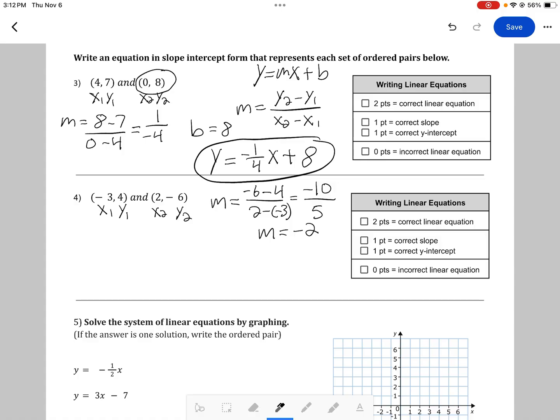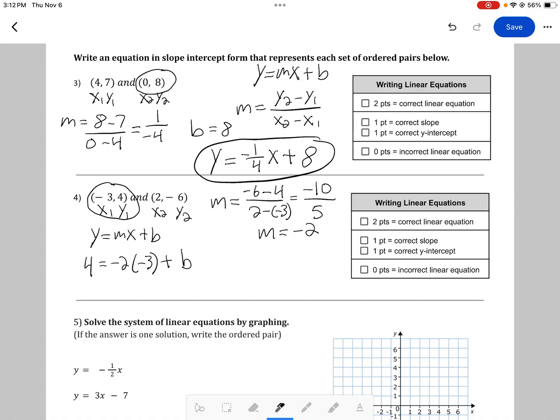Now my b here, I don't have an x that's 0, so I have to use my y equals mx plus b to find my y-intercept, and I'm going to use this first set of ordered pairs. So my y here is 4, equal to my m, which we said was negative 2, times x, which here is negative 3, plus b, which is what we're trying to find.